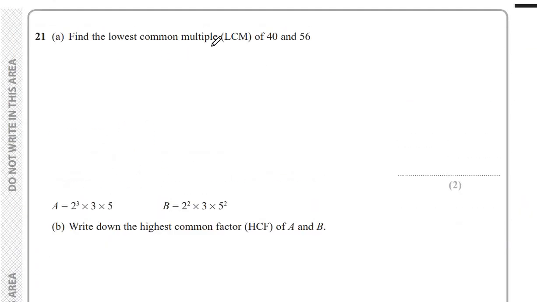Now find the lowest common multiple of 40 and 56. Okay. So we can find the factors of 40 and 56.